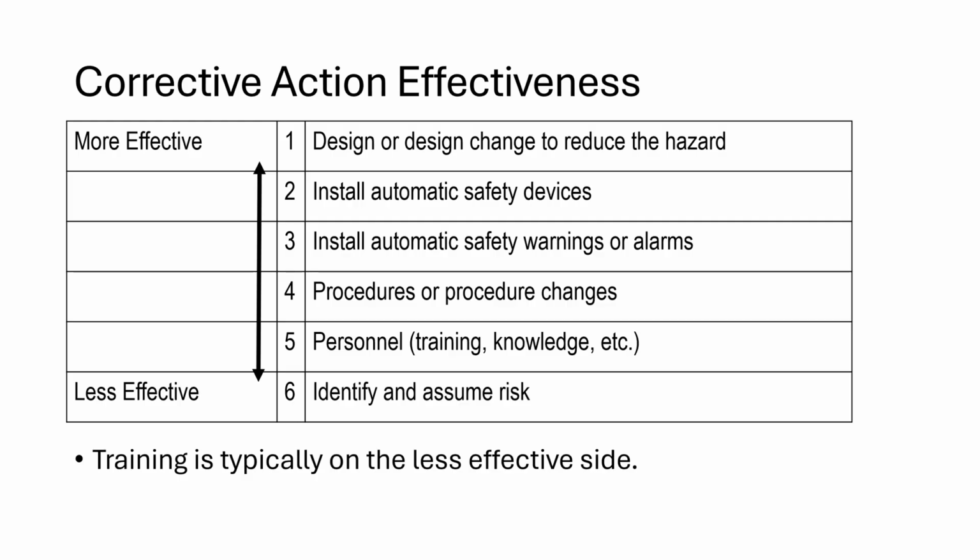We then get into procedures, personnel impacts, so training, knowledge transfer, etc. And then finally, the least effective corrective action, in this list at least, is to just prescribe hazard identification. That's typically not going to be really great. Training is one of those that you will see a lot of resources thrown at and a lot of effort.